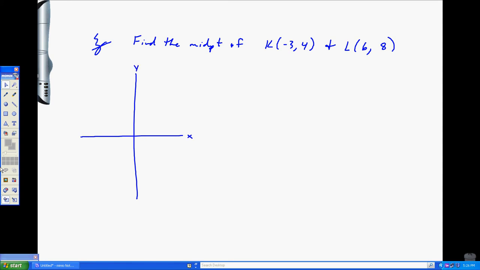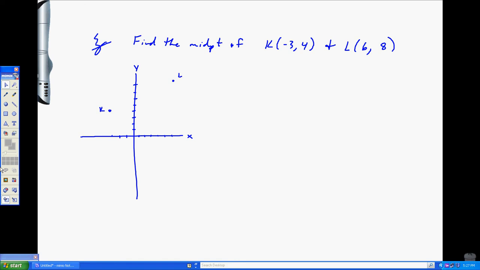Well, K is over at -3, and up 4, 1, 2, 3, 4. So there's K right there. And L is over at 6, 1, 2, 3, 4, 5, 6, and up at 8, 6, 7, 8. There's L at 6, 8.